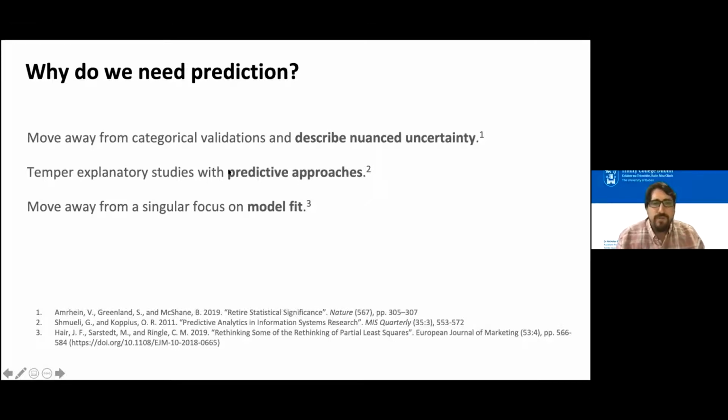There are also calls within the information systems and general management community to temper our explanatory studies with predictive approaches, particularly when it comes to generalizability and overfit, which we'll look at a little bit later.